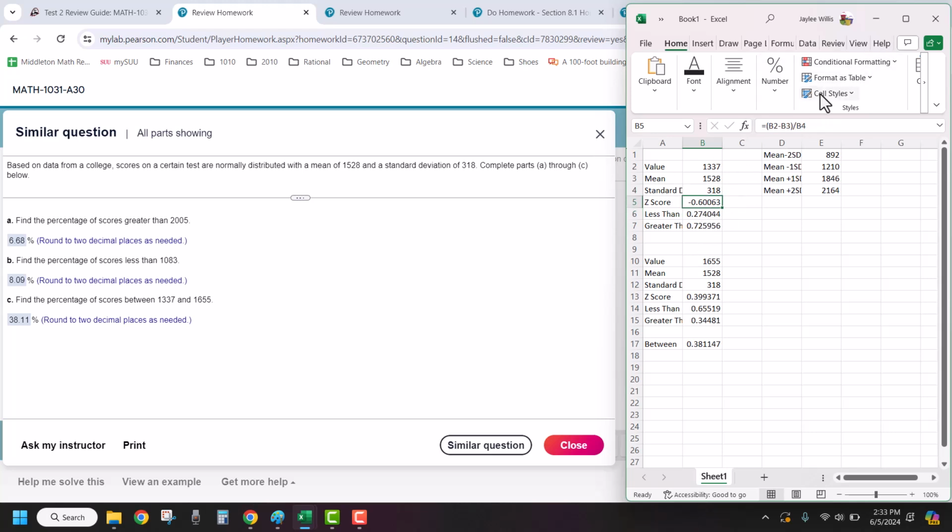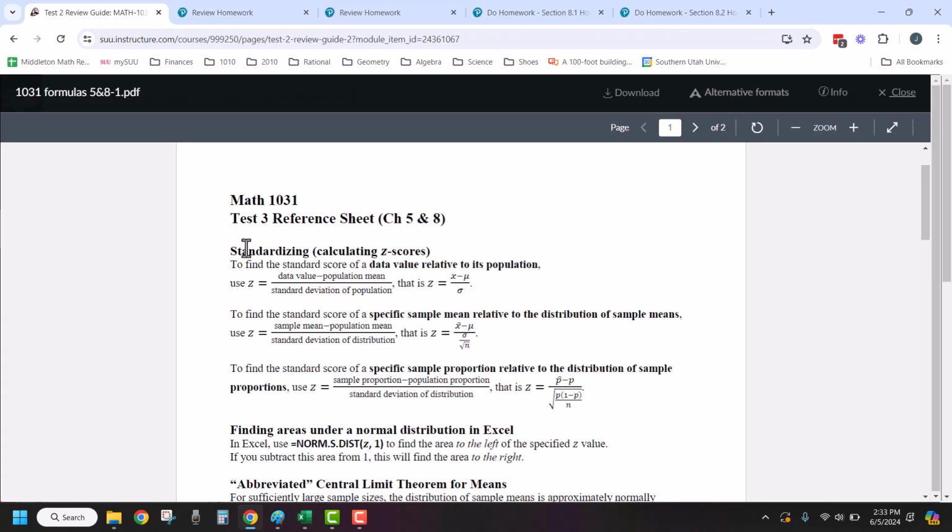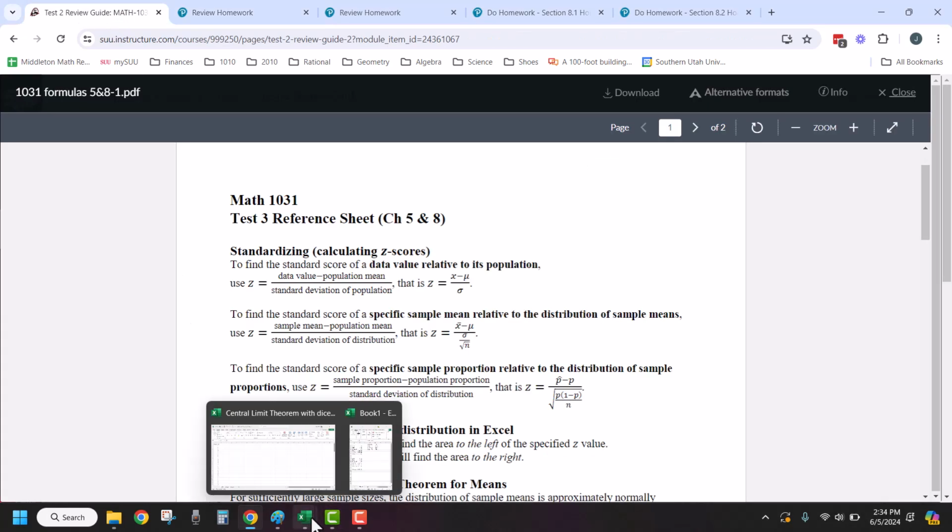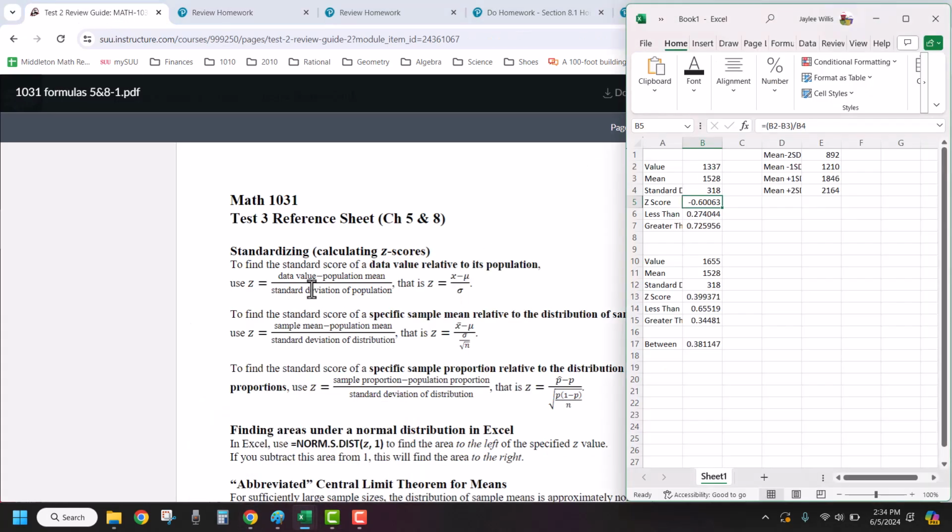So the z-score, if we go back to our formulas really quick, was just found by taking the value minus the population mean divided by the standard deviation. And you can see that right here. And I did it using the cells. And then the less than is found by using NORM.S.DIST. That will be on your formula sheet that you can use on your test.